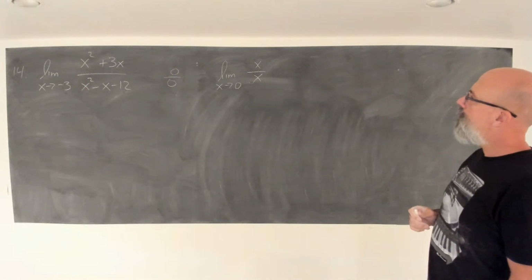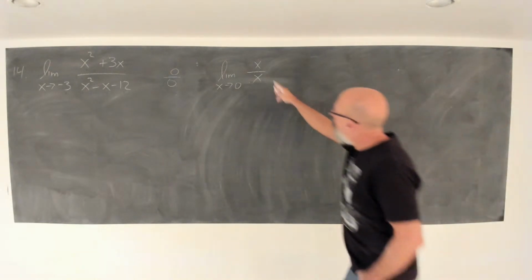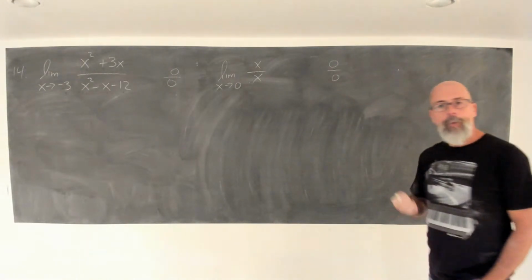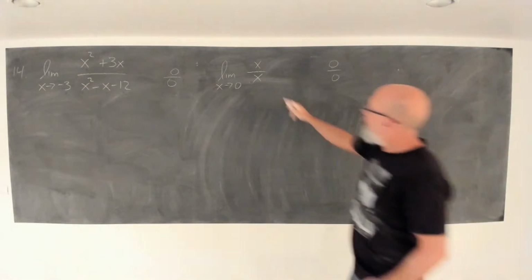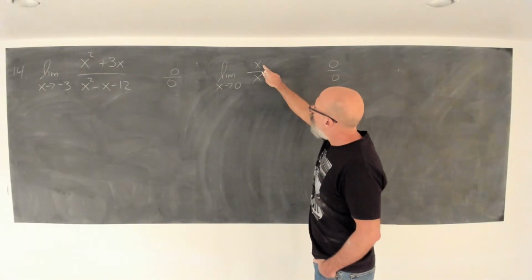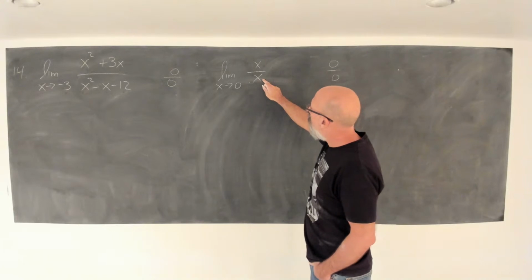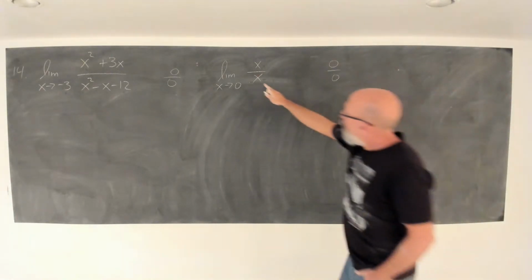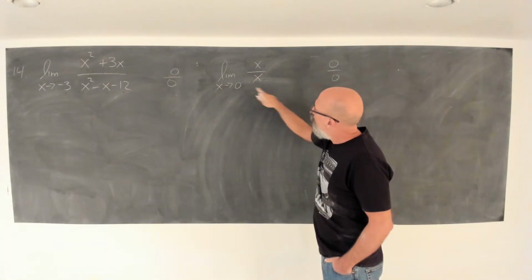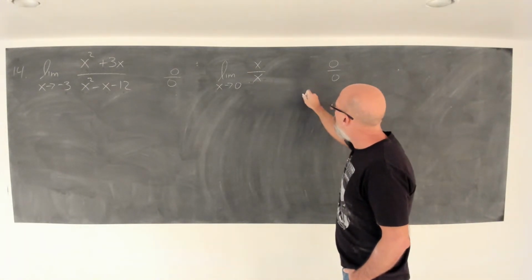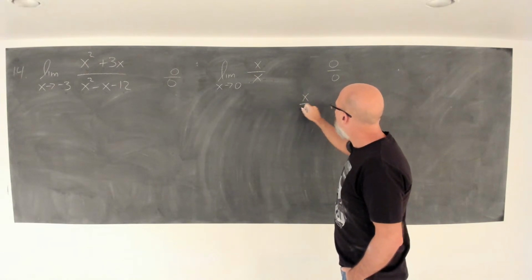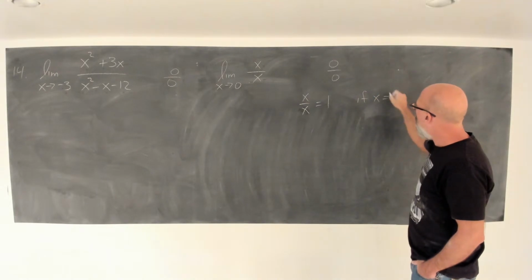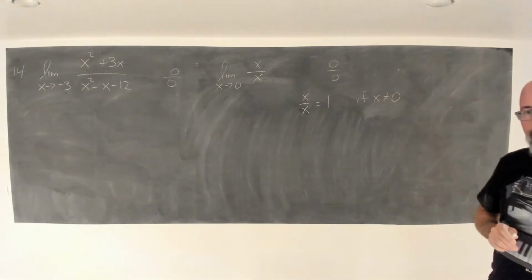Consider this example here. When x is 0, this has the form 0 over 0. But of course you understand that any non-zero number divided by itself is just going to be 1. So this function, x over x, is actually equal to 1 as long as x is not 0.